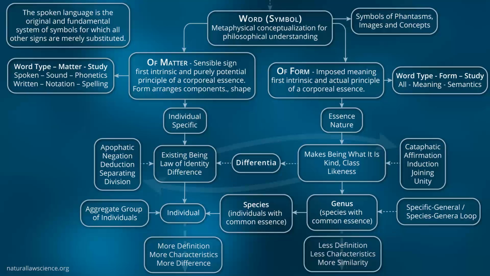So a side note, if you know about Rupert Sheldrake, this relates to the morphogenetic field, whereby the morphogenetic field informs the matter that is shaped for specific beings, for specific entities, for specific animals.